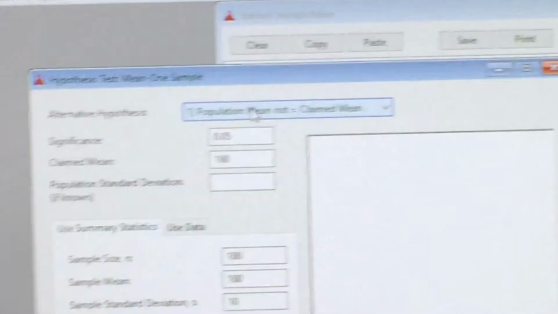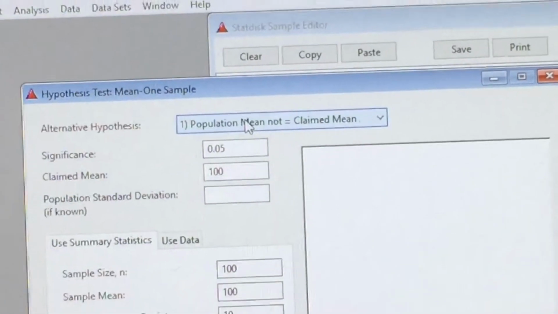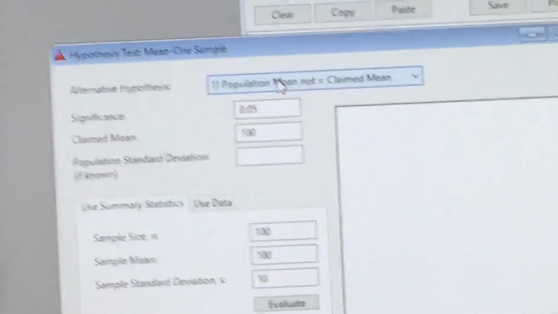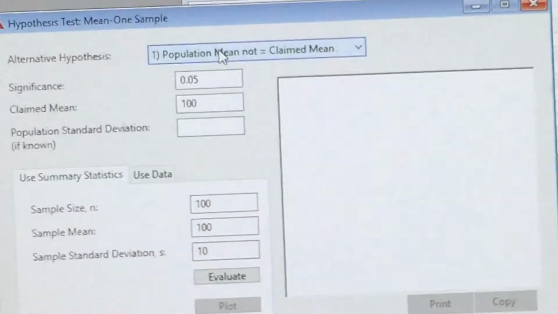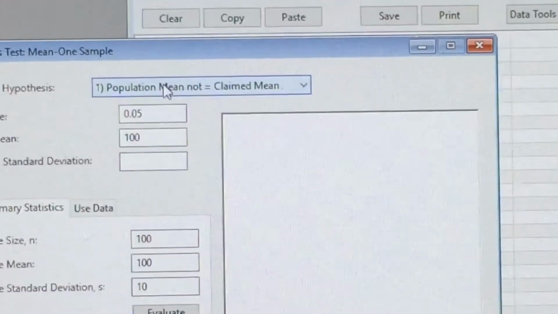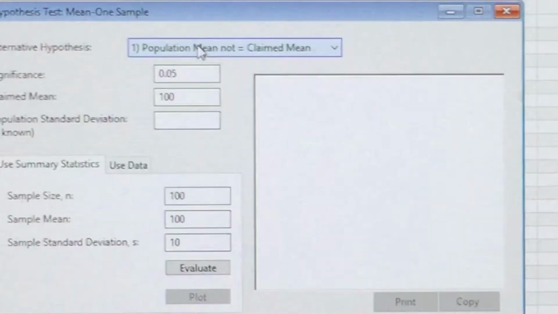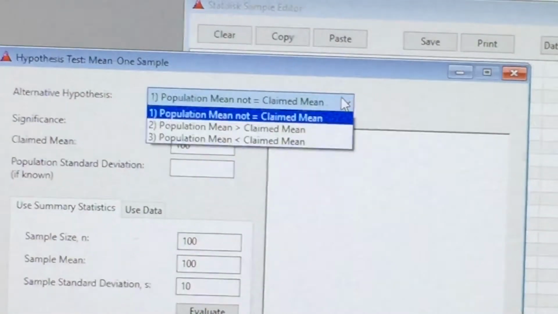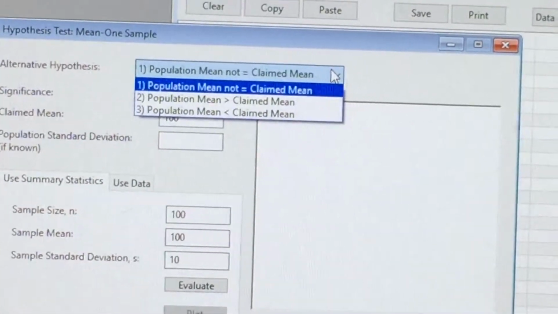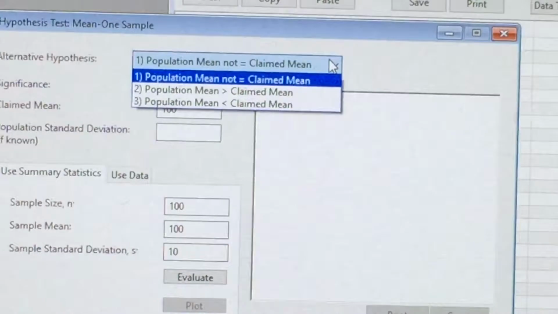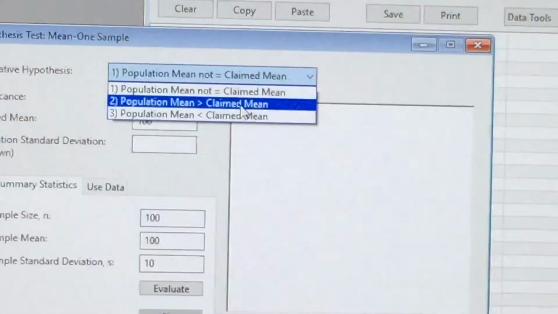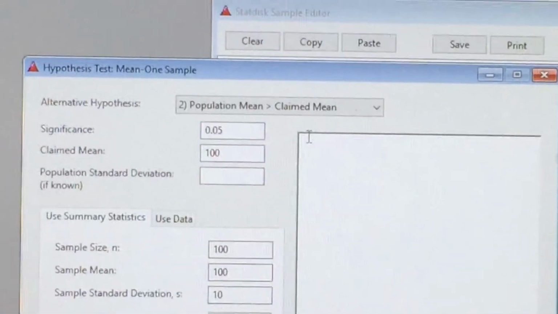Okay, now let's find out what our alternative hypothesis is. We're told that the sample is from a population with a mean weight greater than 2.5 grams. So under the drop-down menu for the alternative hypothesis, we need to select greater than. That's the menu item where it says population mean greater than the claimed mean.